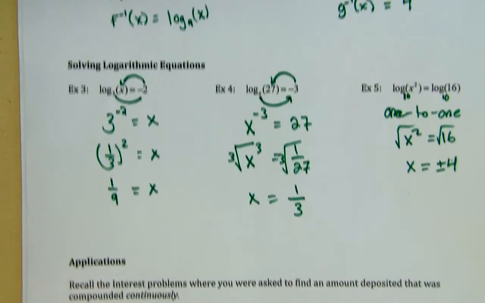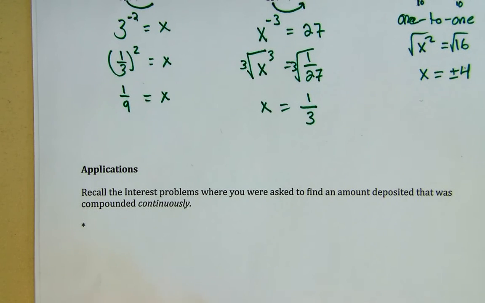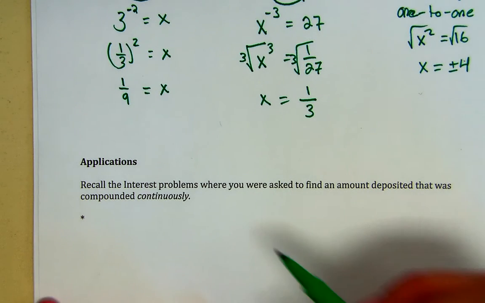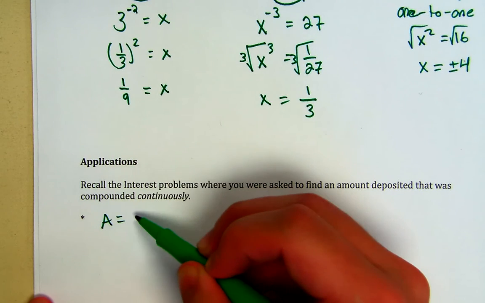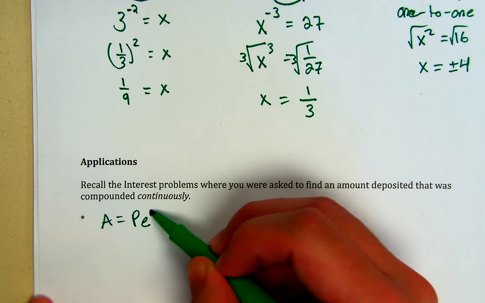Now recall for a second those application problems we had that were compounded continuously. So remember the formula A equals P e to the rt.